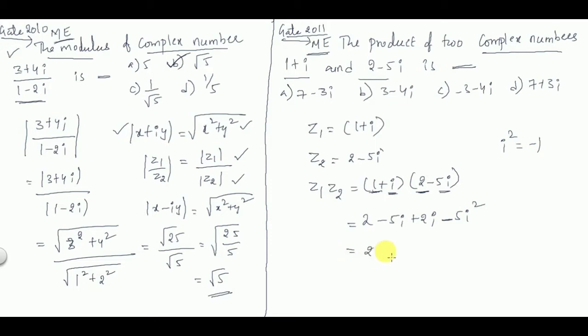So it will be 2 minus 3i, since minus 5i plus 2i is minus 3i, and minus 5 into minus 1 is plus 5. So this is 2 plus 5 minus 3i, which is equal to 7 minus 3i. So the answer is option A. This is how we can find the modulus and product of any two complex numbers.